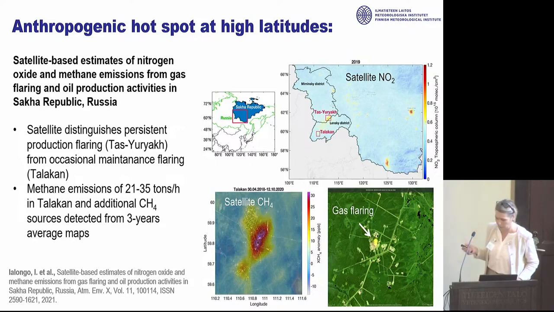And this is in Russia, Sakha Republic, Siberia area, an area where there is a lot of oil and gas industry, and here we see with the satellites methane emissions from this Talakan site in this lower picture. This is using an average data of 3 years in this case. But it's important to understand that, for example, this source is not included in the carbon inventories.